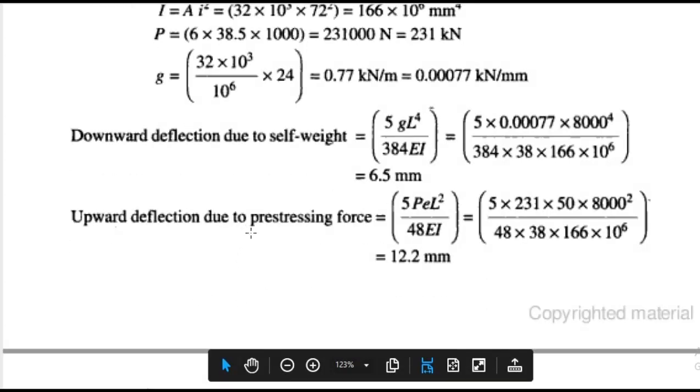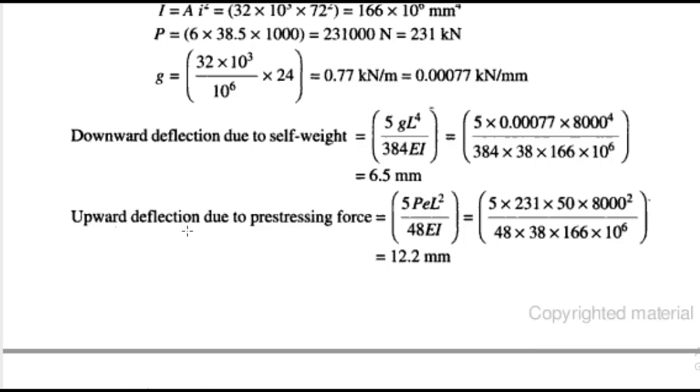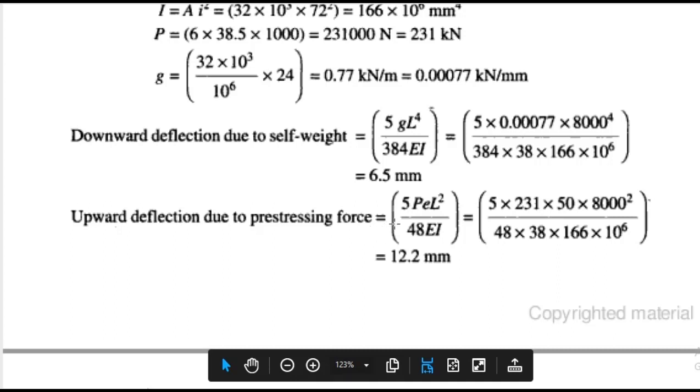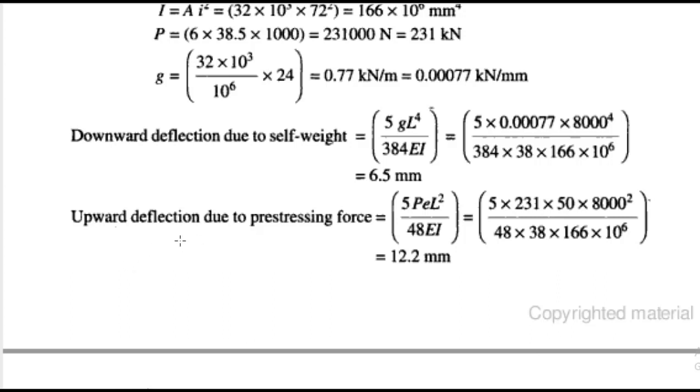Next, we have to calculate the upward deflection due to pre-stressing force, which is equal to 5PEL square divided by 48 into EI, where 5 is the constant value, P is the pre-stressing force developing in the concrete beam as 231, E is the eccentricity of the pre-stressing force, and L is the length of the pre-stressed concrete member as 8 meters, that means 8 into 10 to the power of 3 square, divided by 48 into modulus of elasticity of concrete, E 38, into second moment of area of the cross section, 166 into 10 power 6.